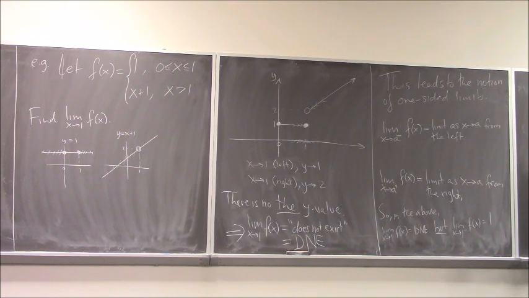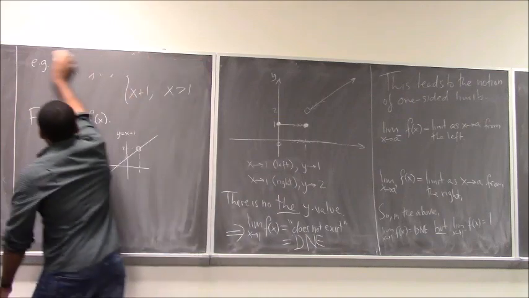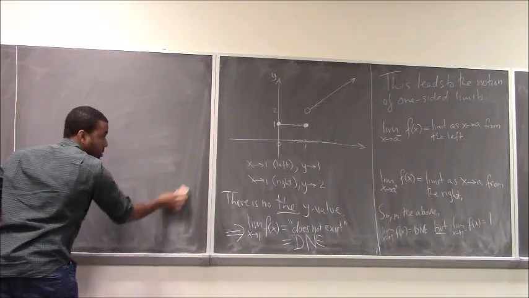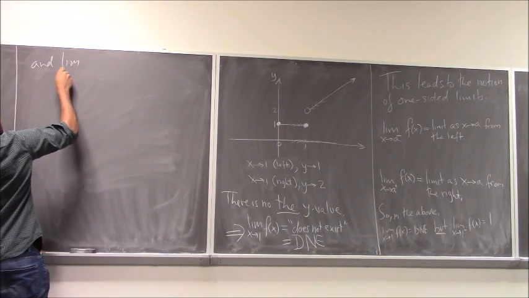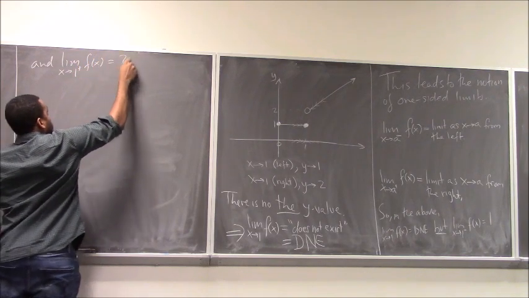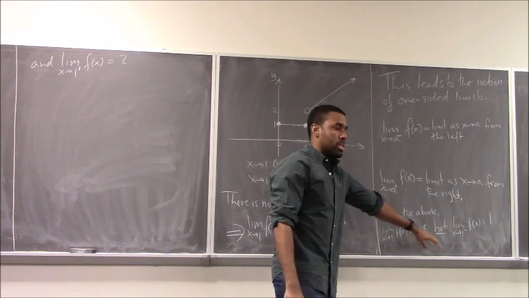If I'm inching closer and closer to 1 from the left side, my y value is going closer and closer to 1. And if I'm approaching 1 from the right side, I'm getting closer and closer to 2. And the limit as x approaches 1 from the right of f of x is 2. Right? But overall, the limit does not exist.